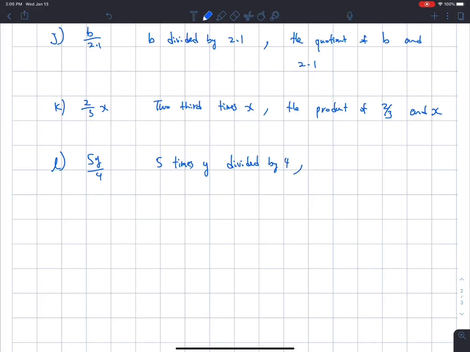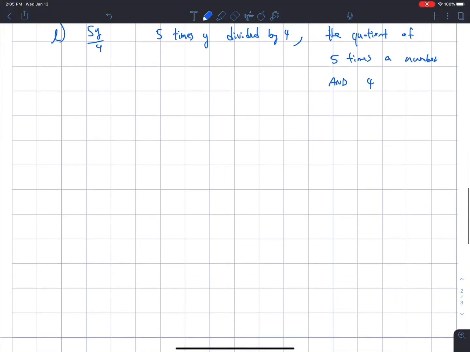I can say the quotient of 5 times y and 4. M, x plus y over 2. So I can say that this is the sum of.